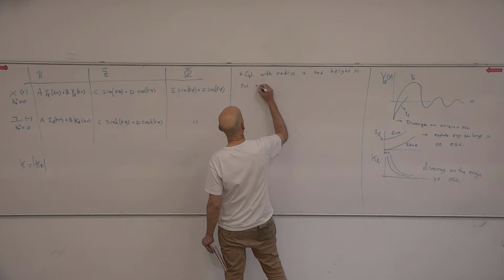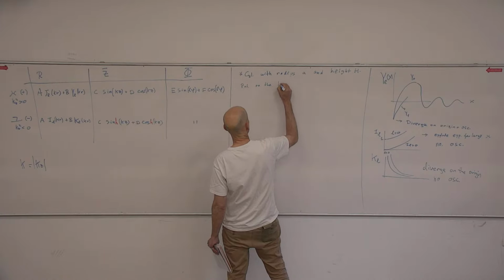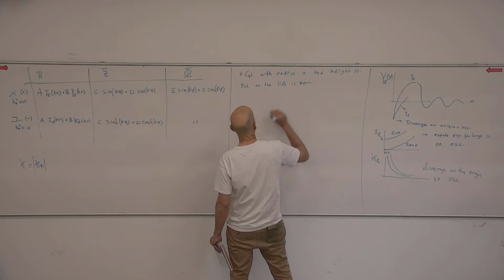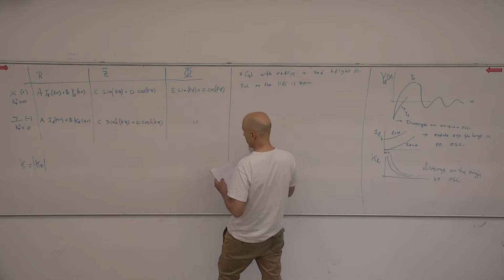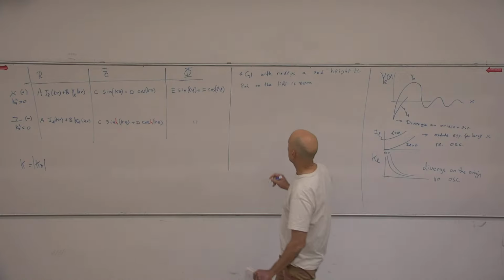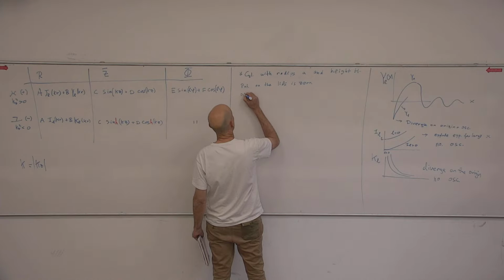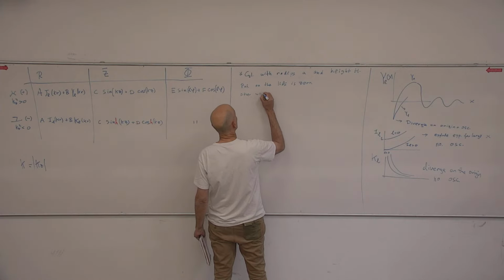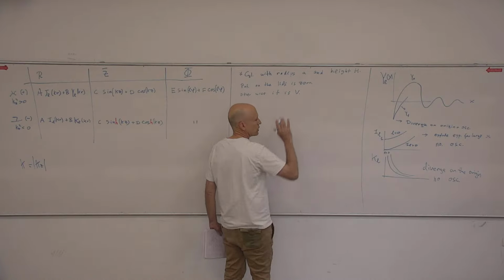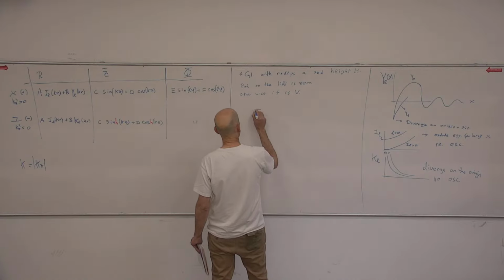Potential on the lids, I'll assume is 0, and on the surrounding, otherwise, it is V, some constant V. So what do we have here?